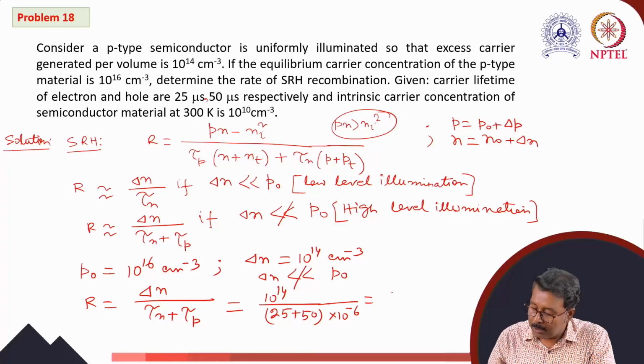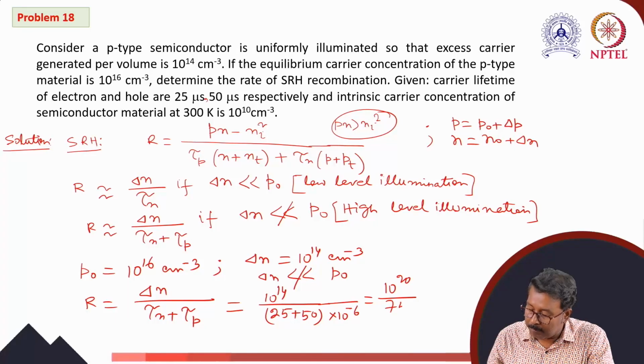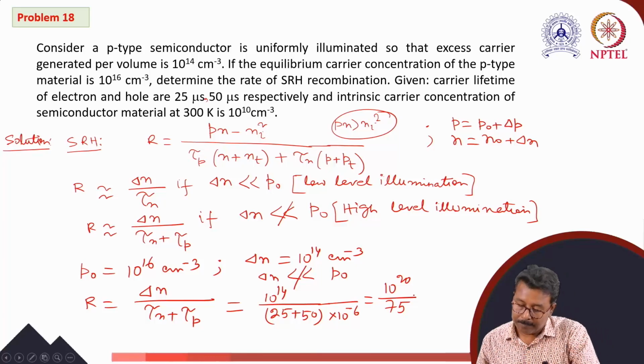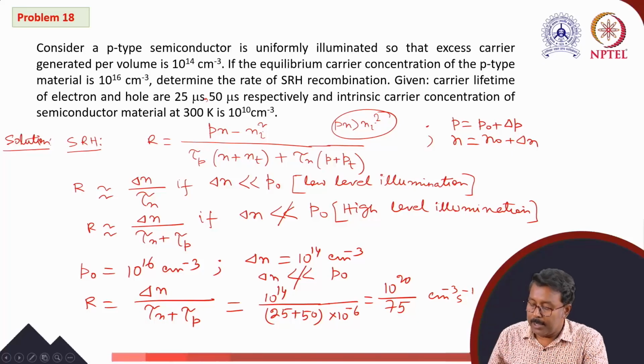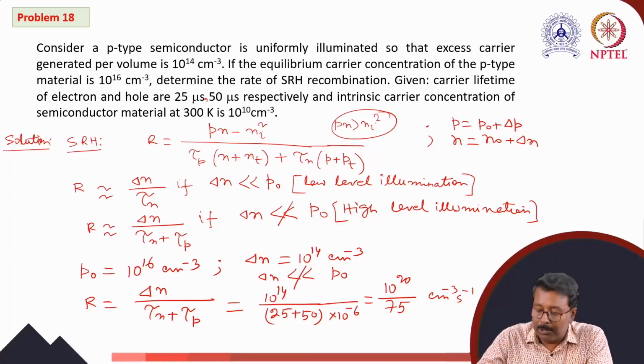So that will be 10 to the power 20 by 75 per centimeter cube per second. This will be the rate of recombination.